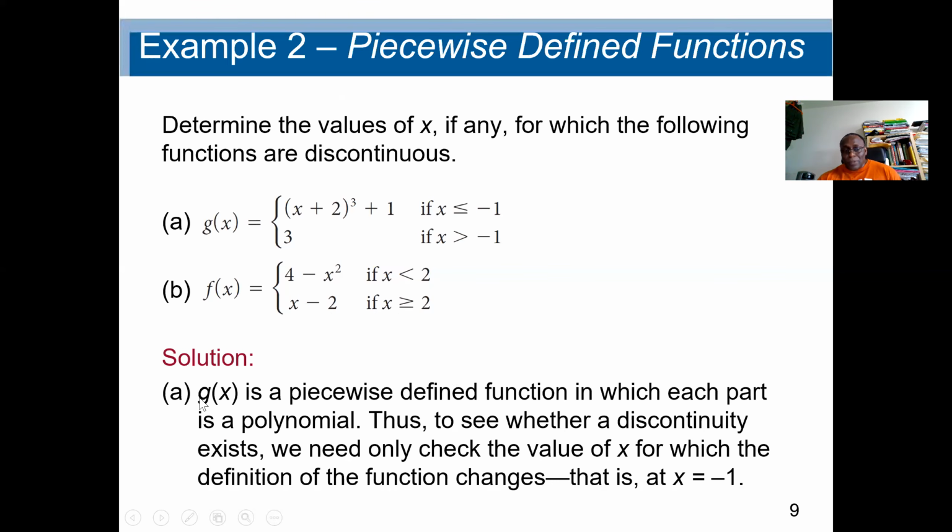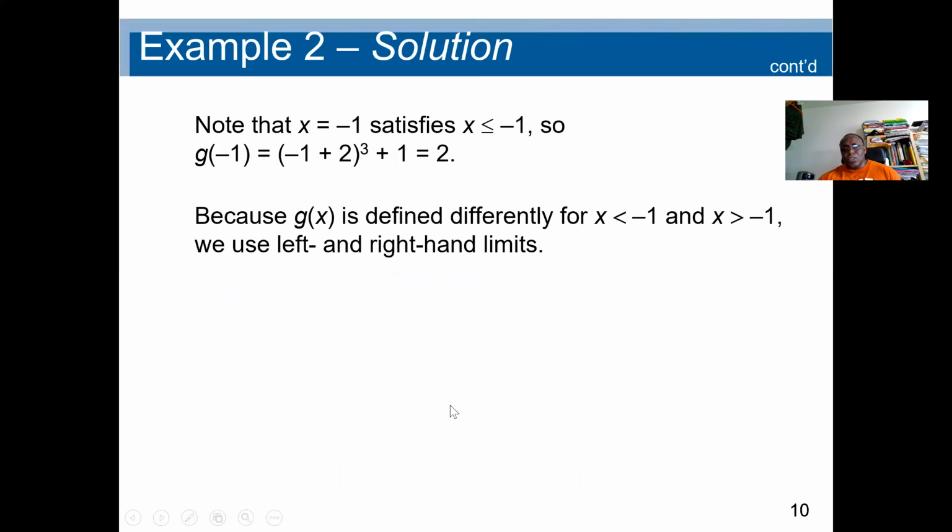Again, it's explained here. g at x is a piecewise defined function in which each part is a polynomial. Thus, to see whether a discontinuity exists, we need only check the value of x for which the definition of the function changes. That is, x equal to -1. So we plug in -1 plus 2 to the power 3 plus 1, and it gives us 2.